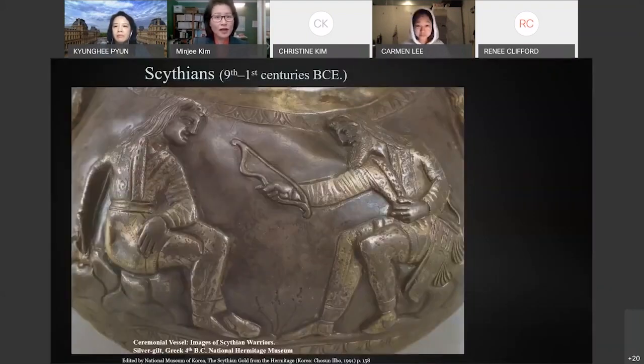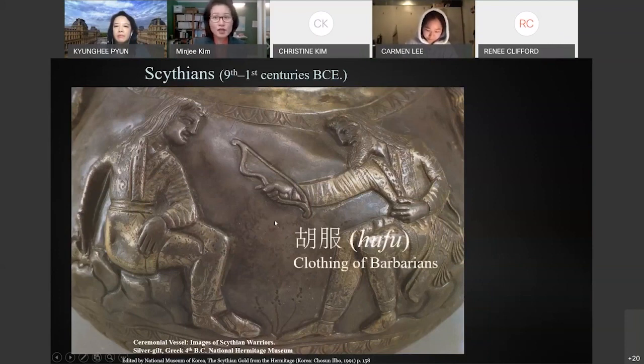Goguryeo style is more like the clothing of nomad people across Eurasia, with front closure, and this is a two-piece separate ensemble with edge bindings. So this is very similar to Goguryeo people's clothing style. The Scythians resided from the 9th century to the 1st century BCE across Eurasia, and ancient Han Chinese people called this kind of clothing hufu, meaning clothing of barbarians.